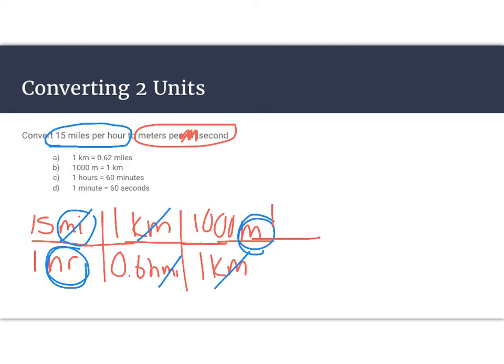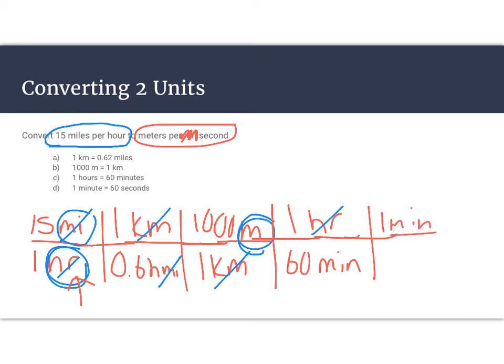So I'm going from hours to seconds. If I have hours on the bottom right here, then I need to start off with my 1 hour on top. That's pretty much where we see the biggest mistake in these problems. So I have 1 hour and 60 minutes. I can cross out my hours. And then in 1 minute, I have 60 seconds.